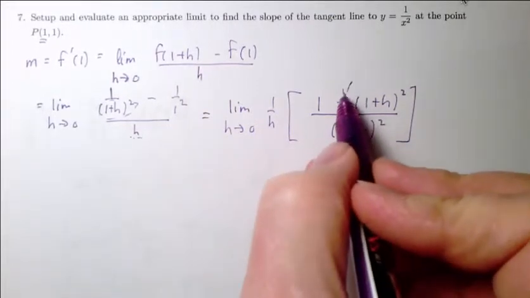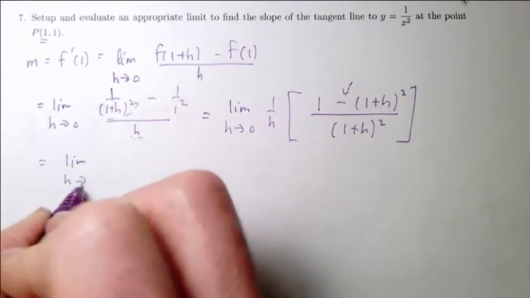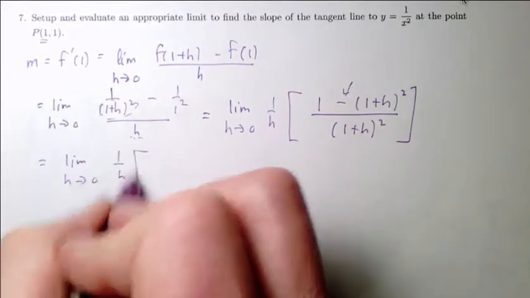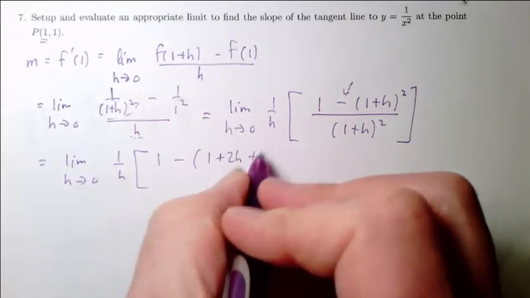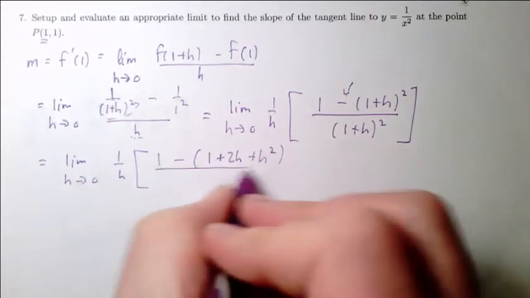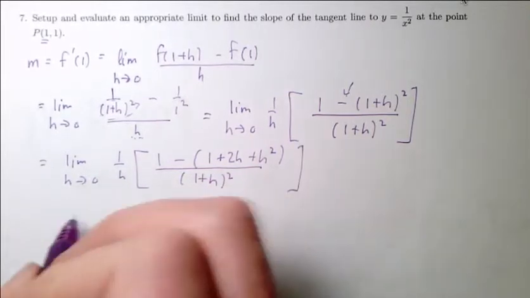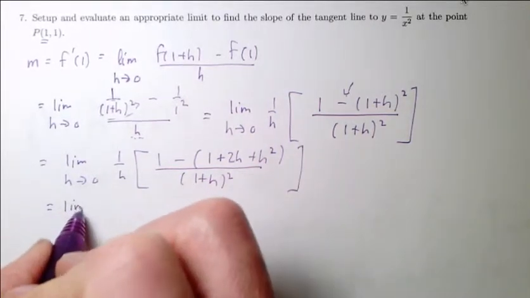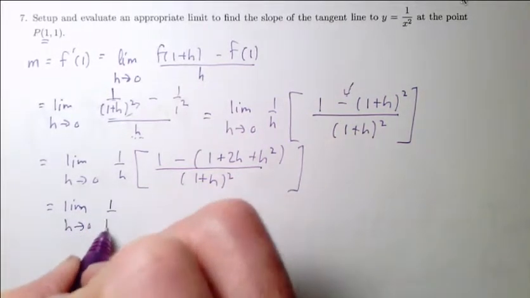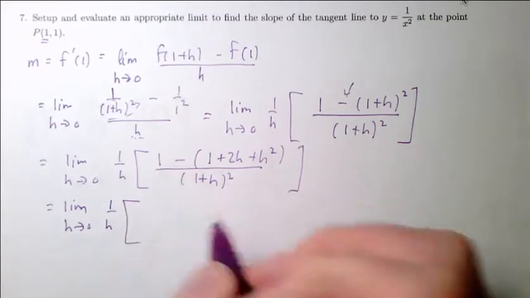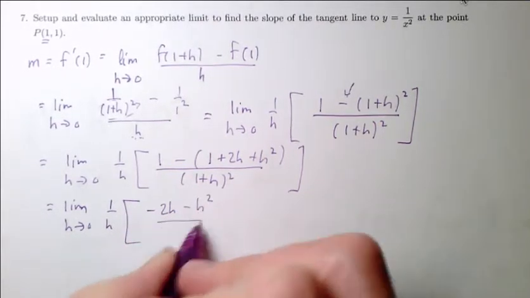Watch this minus sign. So now we're going to expand the numerator. One minus 1 is 0, minus 2h minus h squared.